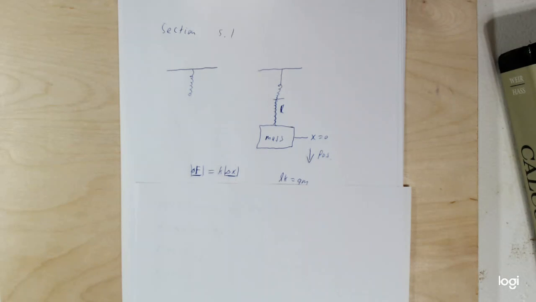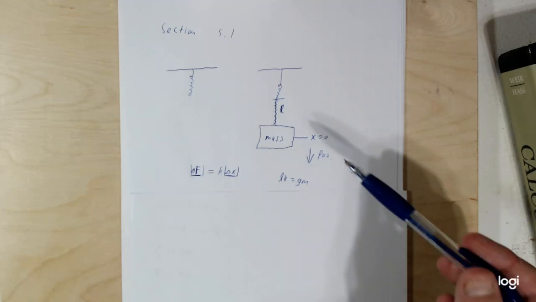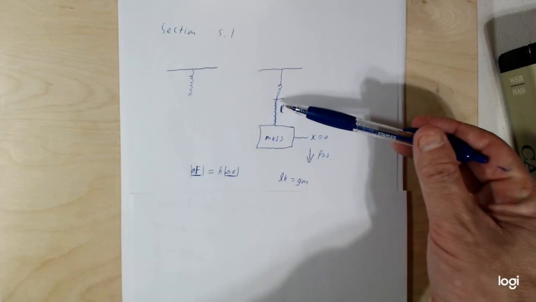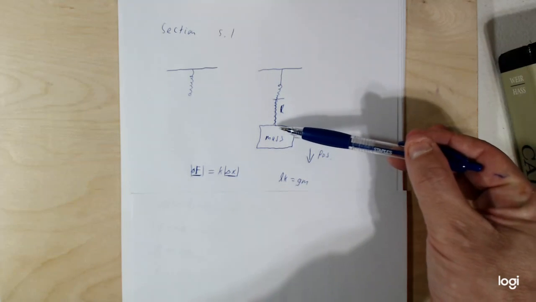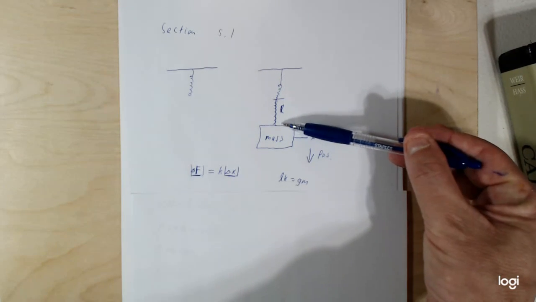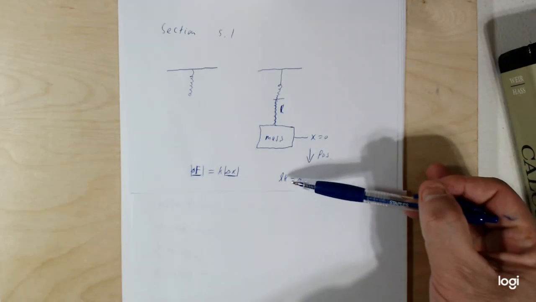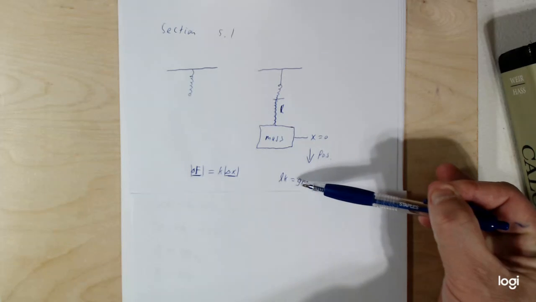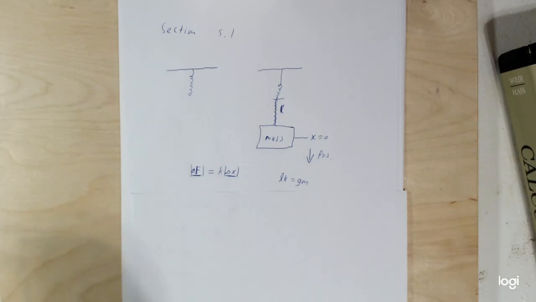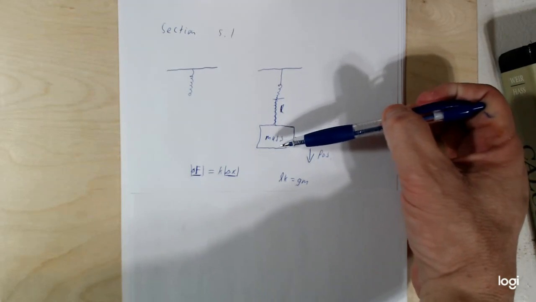And we'll notice in that case, k times L, so how much the change in the force was by moving this mass down, was equal to the weight of the mass, mg. So the mass started up here. Now, I drew the mass pretty big here.